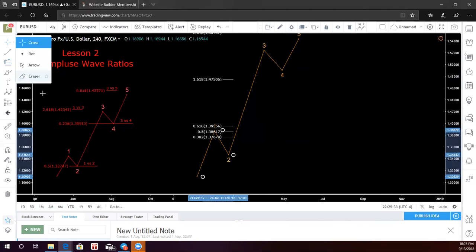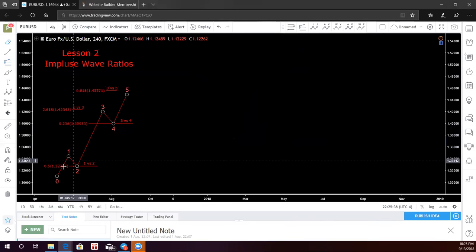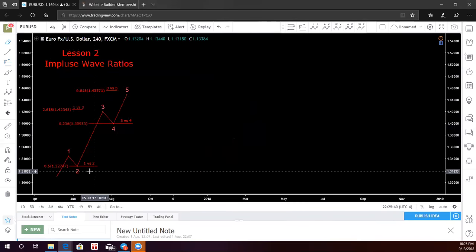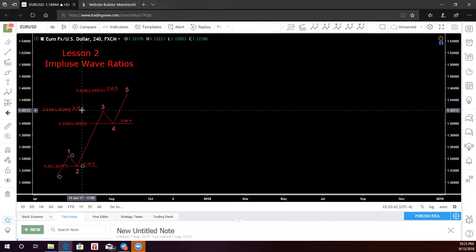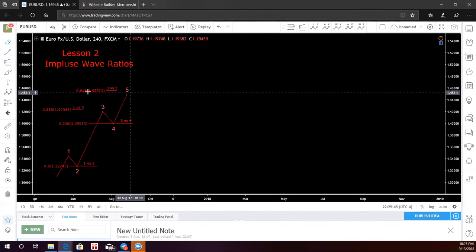So let's just go ahead and delete this. So as you can see here in this figure, I already have plotted waves 1, 2, 3, 4, and 5, and all the ratios that we are hitting on those, which are pretty normal ratios for each of the waves, or the most common ones.